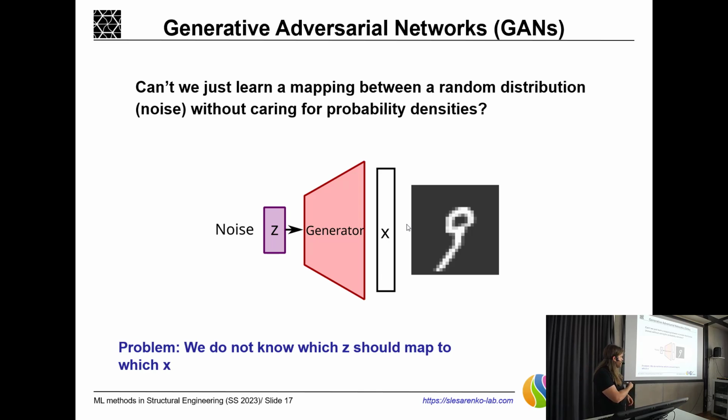Can we put that into a generator and get some output that actually is one of our admissible images? In general, we have a problem there because we don't know what noise to map to which image. So we need to learn a mapping like that, basically learn which image from our nice space correlates to our noise.